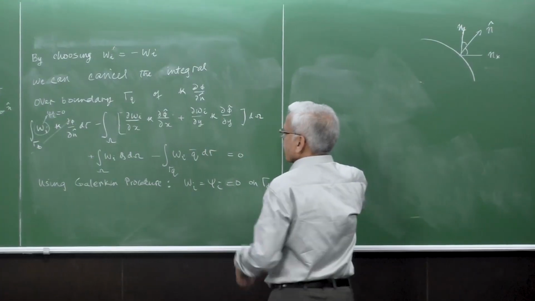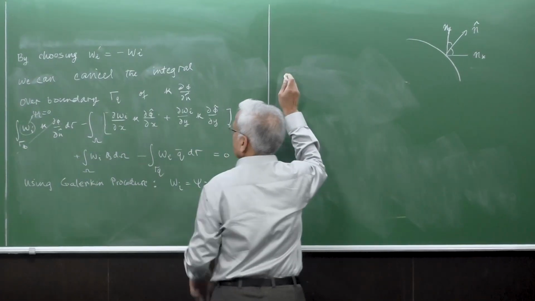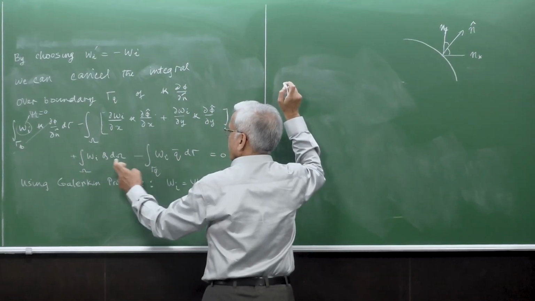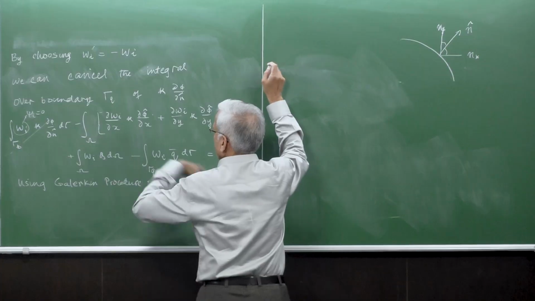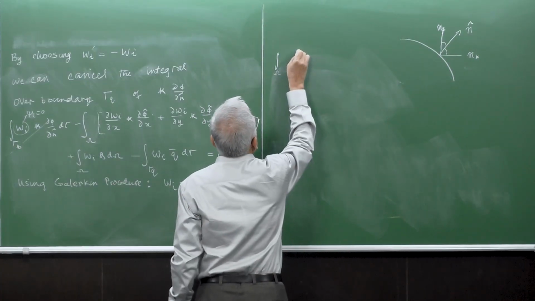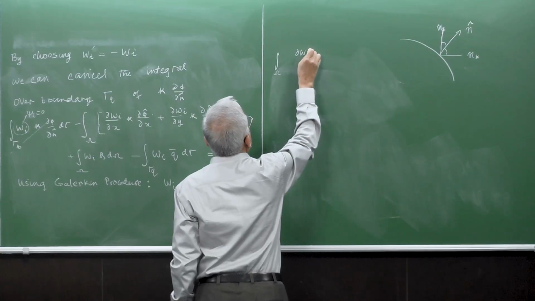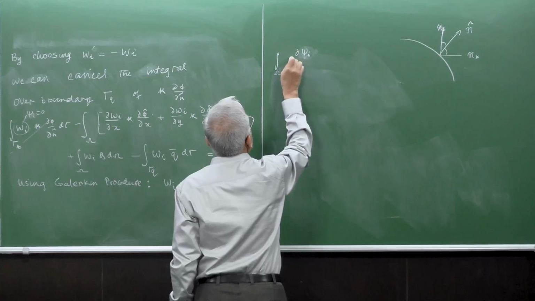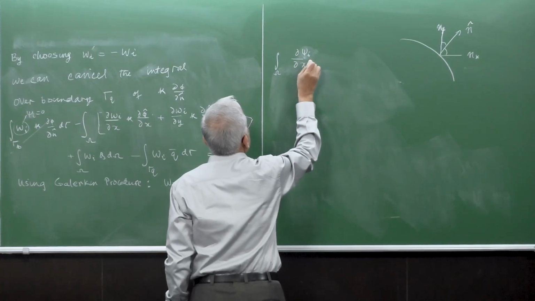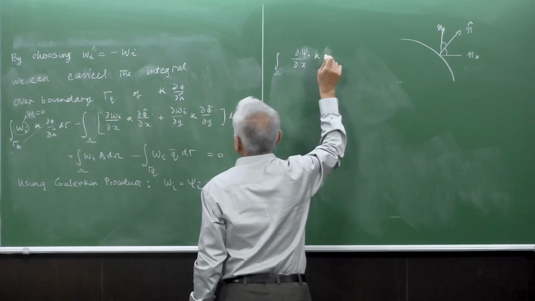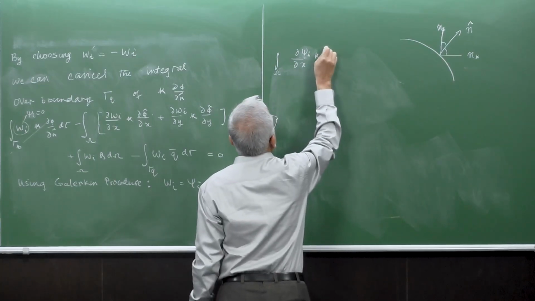So we'll just collect the term wi is equal to psi I. There's a negative sign and then this plus minus. After rearranging, I will replace this now as psi I and this as phi hat for the moment.